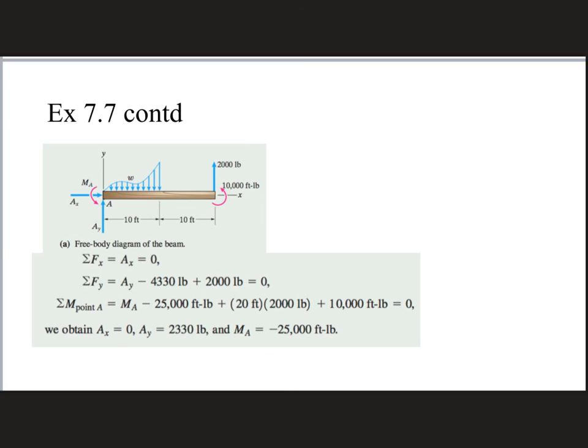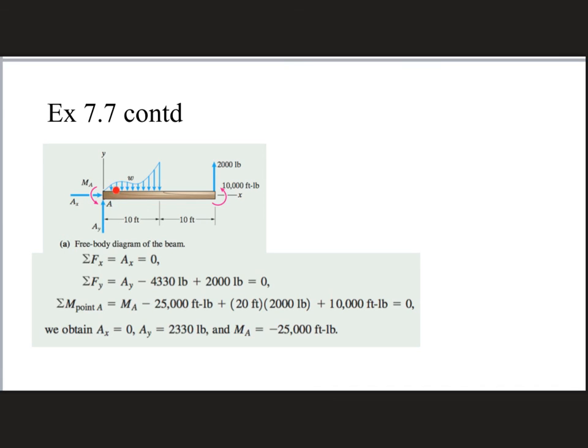And then to find the moment acting at point A, we can say that MA minus 25,000 foot-pounds plus 20 feet times 2,000 pounds plus 10,000 foot-pounds, those are all the moments.